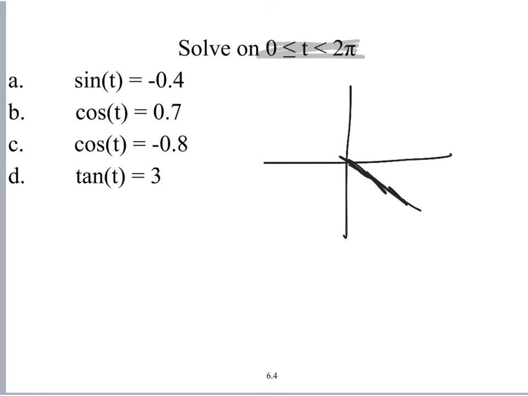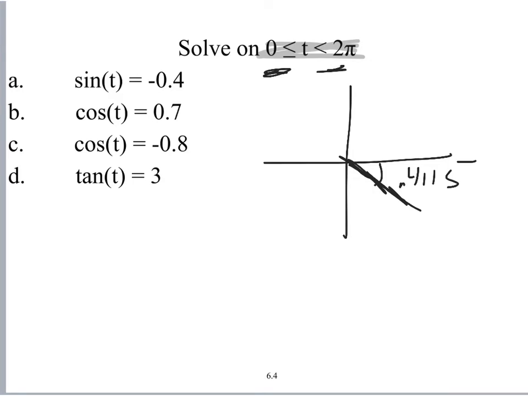I also know that arc sine will give me an answer here. If I were to do the arc sine of this, make sure your calculator's in radian mode, of course, the calculator gave me negative 0.4115. I just worried about it as the reference angle because I can't have a negative angle, since they want me to be between 0 and 2 pi.